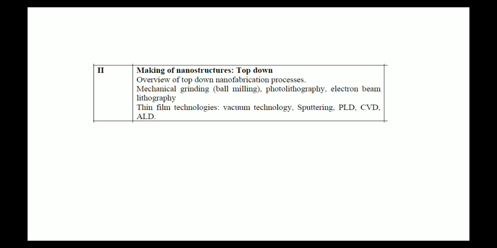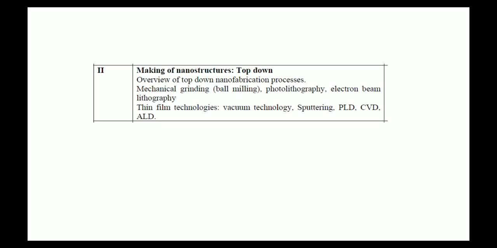These are two broad approaches by which one can synthesize the nanomaterials. What is top-down approach, what is bottom-up approach, that we will see in this chapter. Basically in this chapter we are going to see the synthesis techniques which belong to the top-down approach.